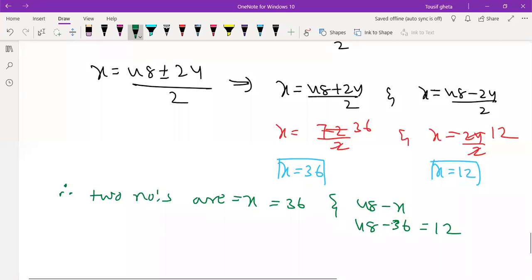If you take 12, then you will get 12 and 36. If you take 36, then you will get 36 and 12. So both the answers are same. 36 and 12 is the answer.